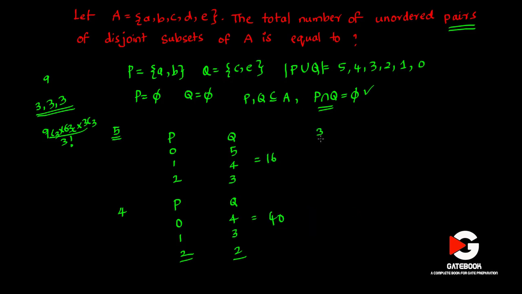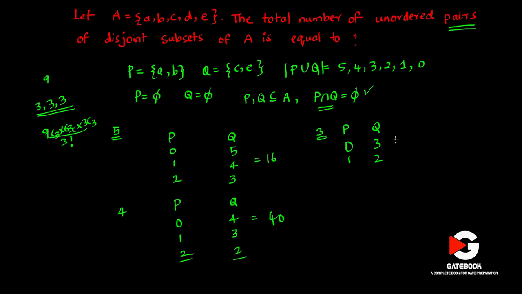Let's do it for 3. So you're taking only 3 elements. Then the combinations would be 0, 3 first, then 1, 2. And anything else? That's it. Because it's unordered, don't write 2, 1. 1, 2 and 2, 1 are the same. So only 2 possibilities.